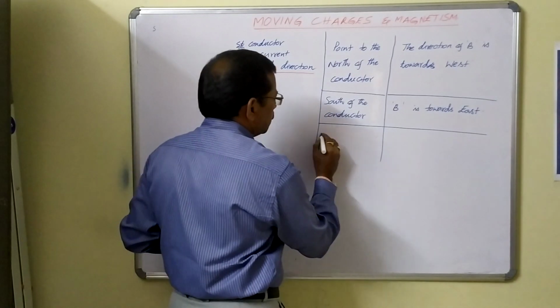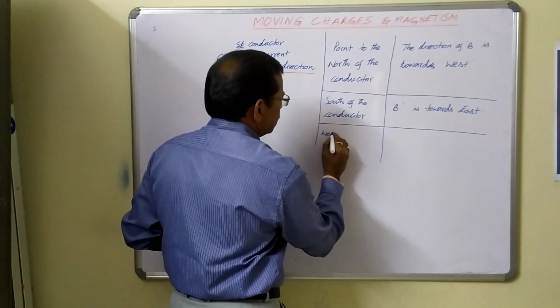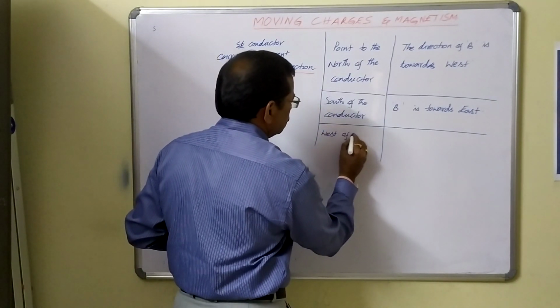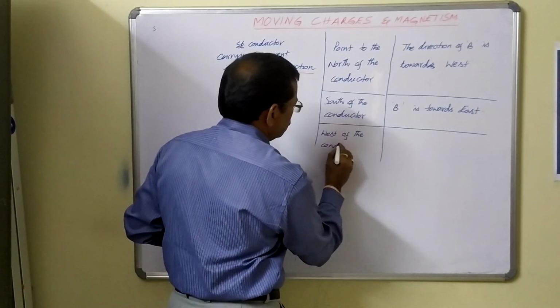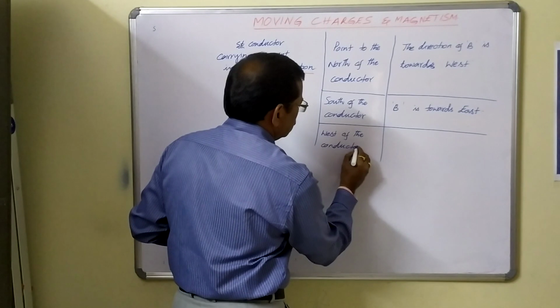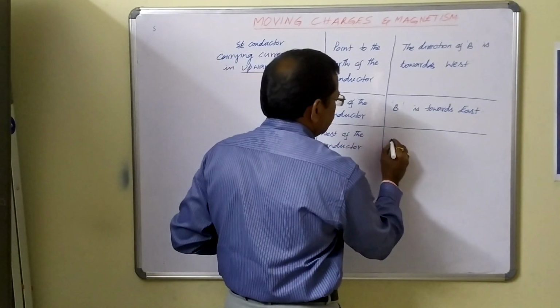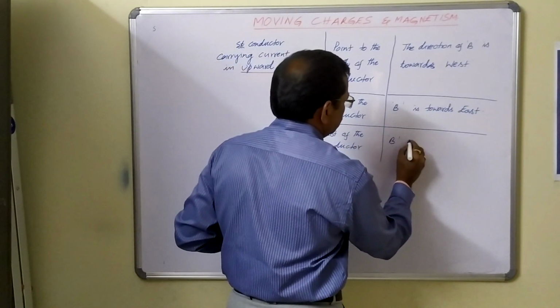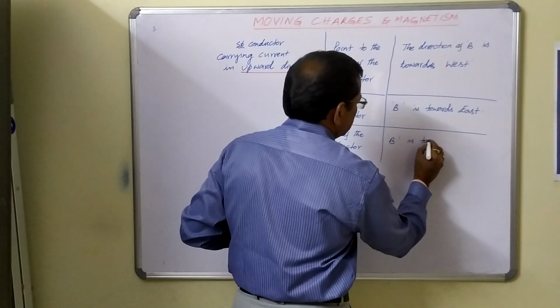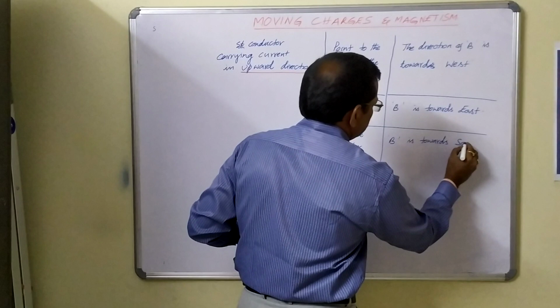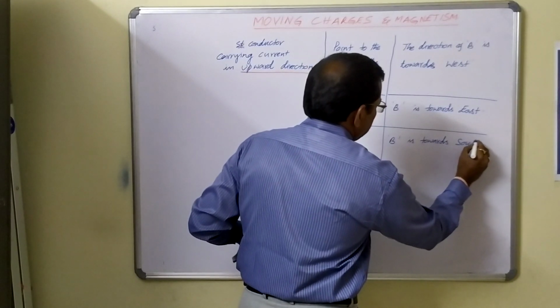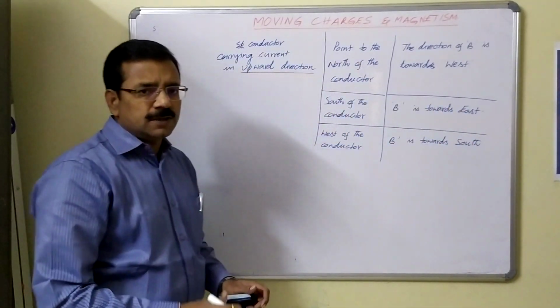So, at a point to the west of the conductor, magnetic field induction B is towards south.